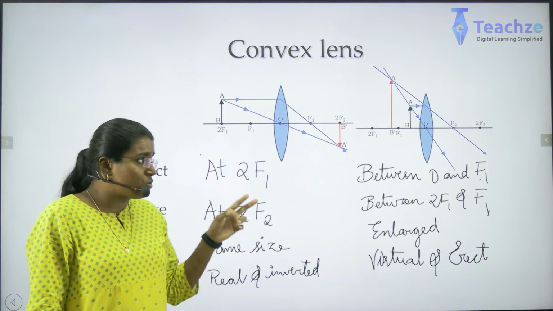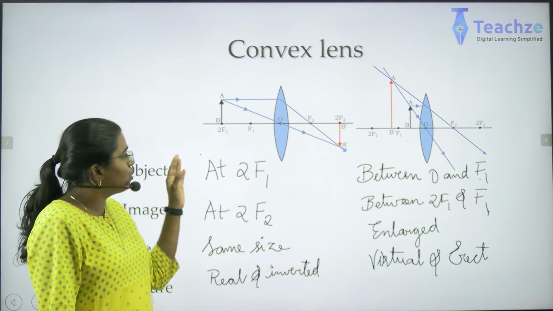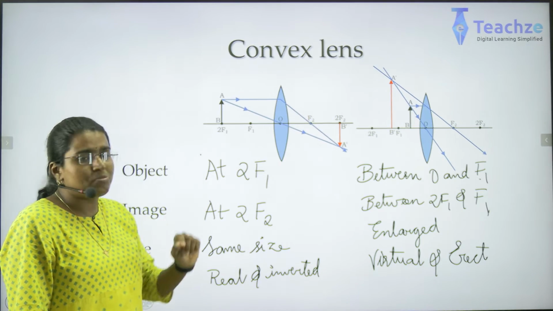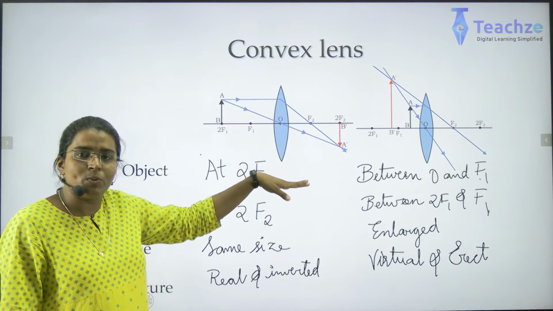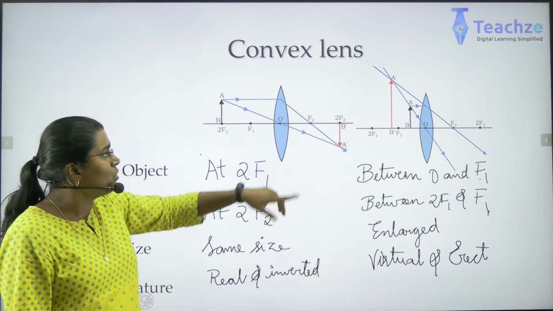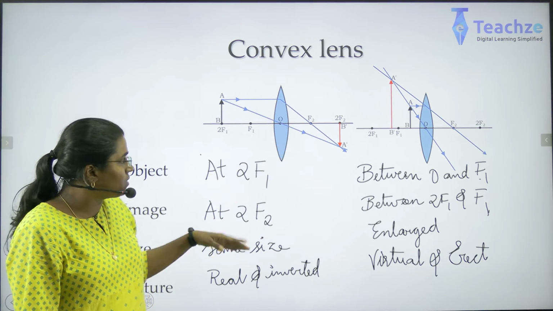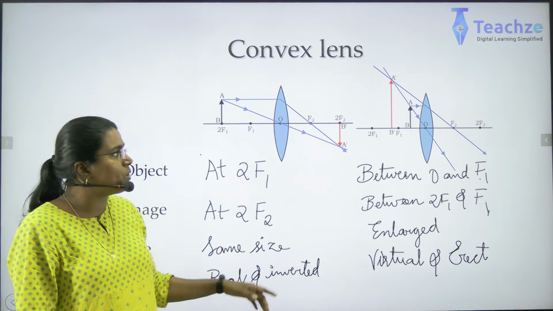The last two cases are very unique, as I told you, for spherical mirrors as well. If you keep the object at 2F1, the image will also be at 2F2, not 2F1. The image will be the same size, real and inverted.